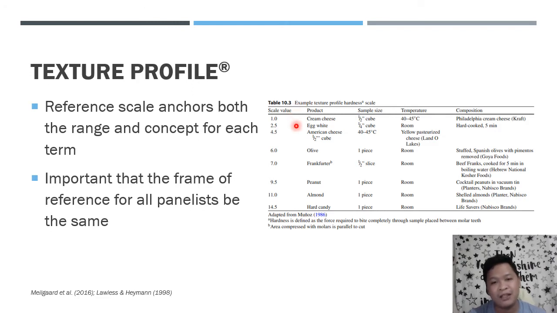Kasi yung fracturability, springiness, gumminess ng bawat isa sa mga references na to, magkakaiba. Okay, so pag nasa utak mo na hardness ang tinetest mo, i-disregard mo sana as a panelist lahat ng ibang aspeto ng mga reference mo na pwedeng maka-affect dun sa perception mo ng hardness.